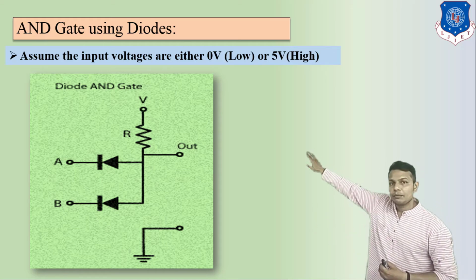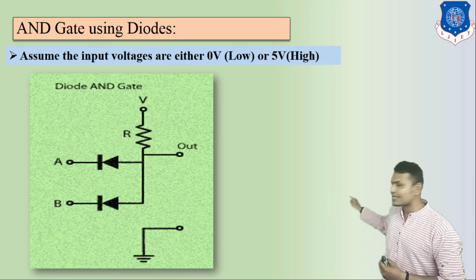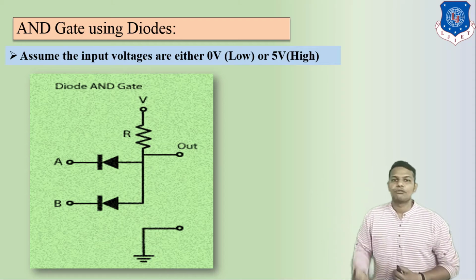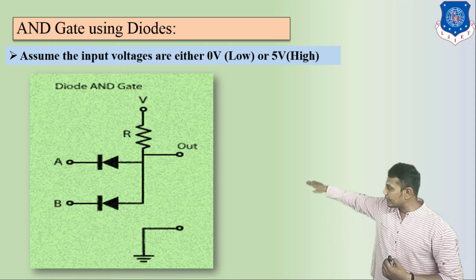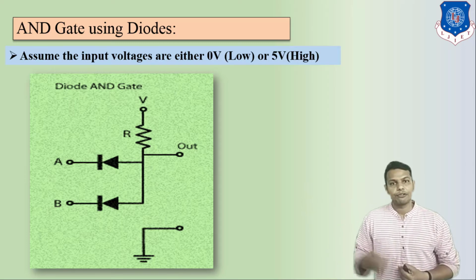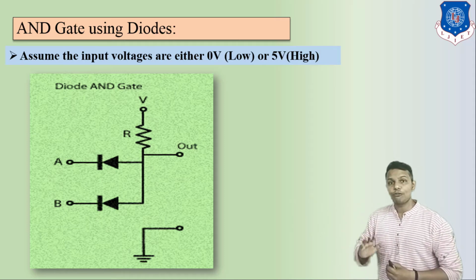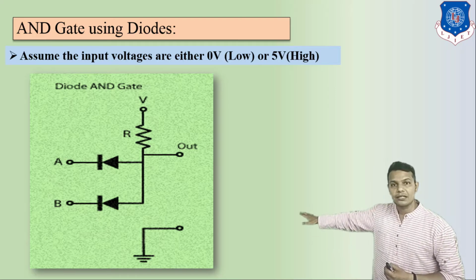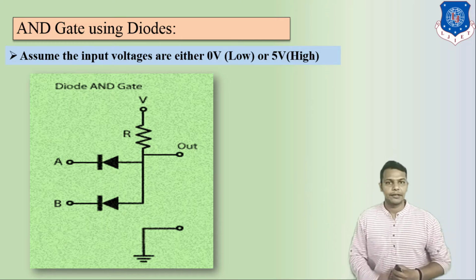Here plus V is 5 volt, so current flows from V toward A and B. That means the diodes become forward biased. If they are forward biased, diodes D1 and D2 become closed switches. If they become closed switches, your output will be 0. There is no flow of current at the output side, because there is no resistance, so current always flows from V to the A and B side.